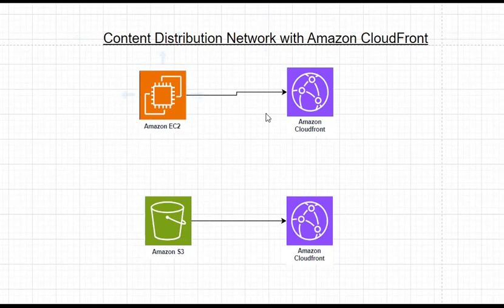Now my requirement to use this CloudFront distribution is, let's say I hosted my EC2 instance in the Mumbai region. The people who are in the US region are trying to access my server by using the IP address, but they're getting my server with high latency.